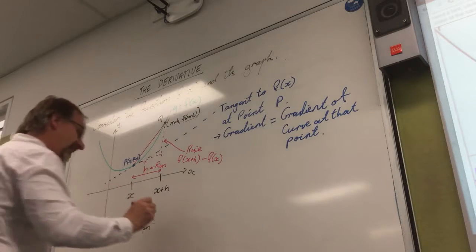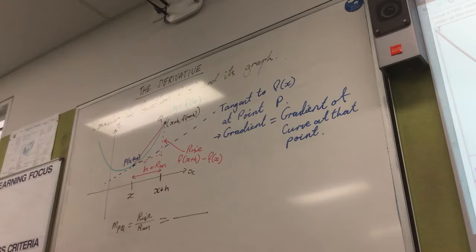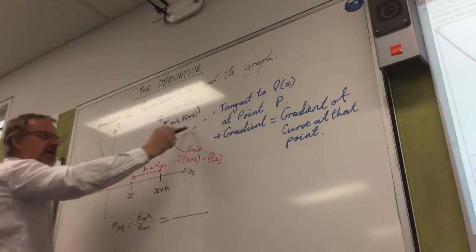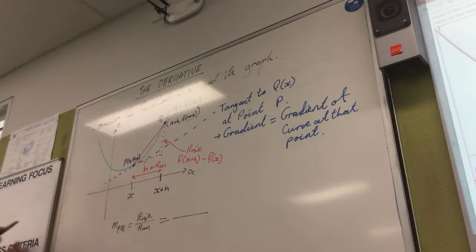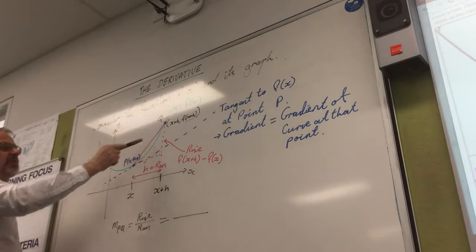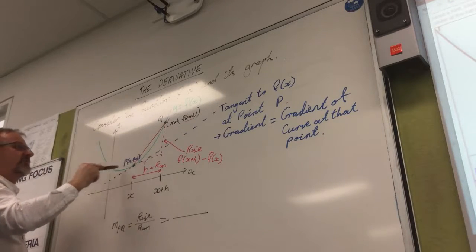Right, remember this is all about patterns. There's connection and it's about pattern. So we're looking at the pattern. All right, so where have I started? I've started with the fact we'd like to know accurately the gradient of this tangent. How can we do that? Well, we can approximate it by choosing two points on the curve.